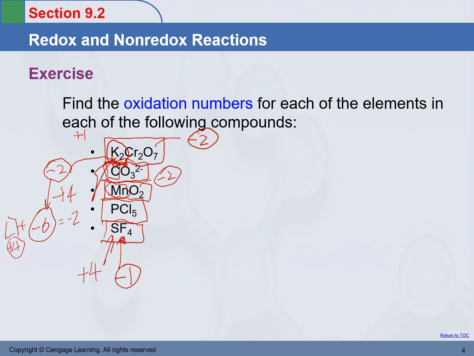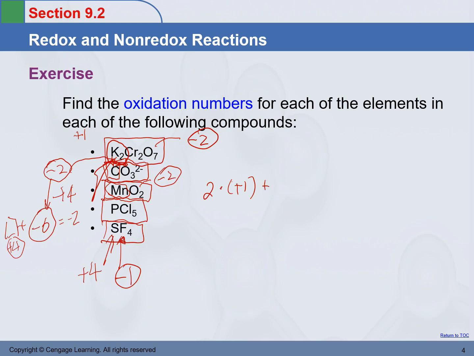Now we need to add them up so that they will add up to 0. In this formula, we have 2 potassium, that's 2 times +1, so potassium contributes 2 times +1 to the formula, plus 2 chromium.